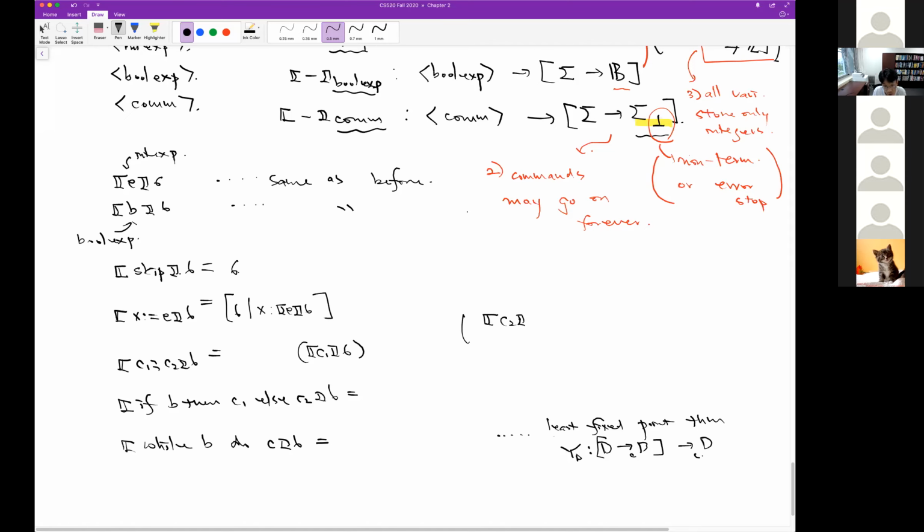We have to run C1 first and then C2, so when we run C2 on the output of C1, it should be prepared for the possibility of non-termination. If C1 sigma is equal to bottom, we should still be able to handle it. So we're going to use the Kleisli lifting that we talked about. In this case, it's going to be a map from sigma bottom to sigma bottom, and then we will apply it here.